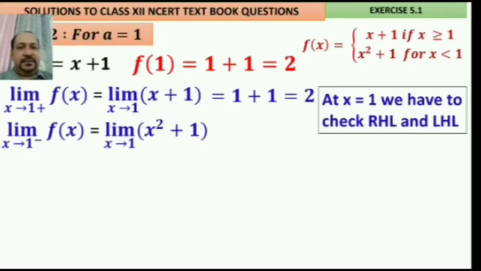Limit x goes to 1 minus f of x equal to limit x goes to 1 of x square plus 1. The value of this left hand limit is also 2.